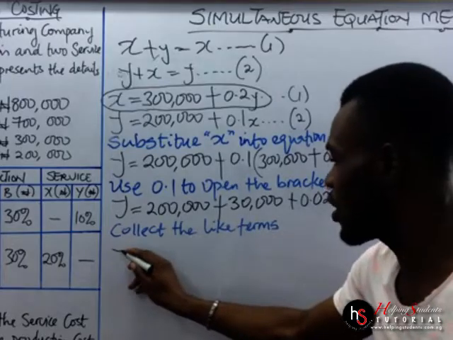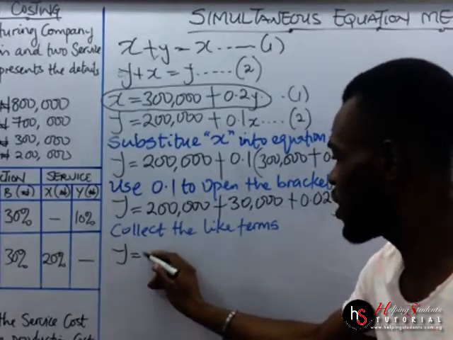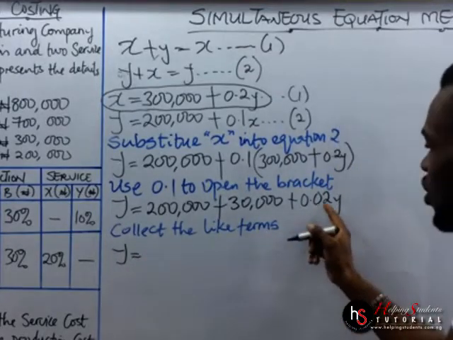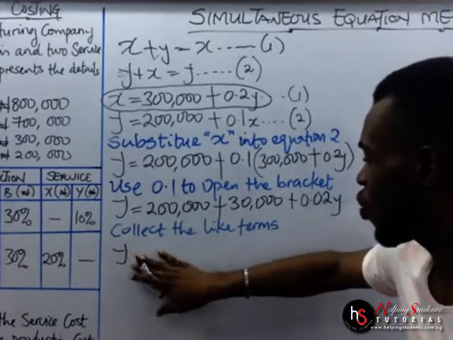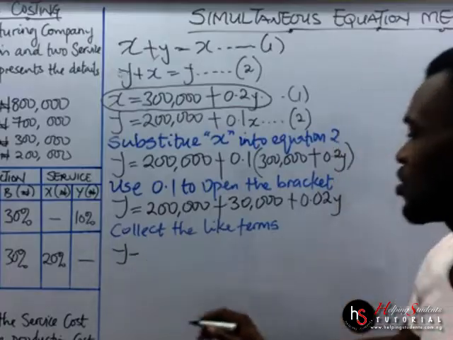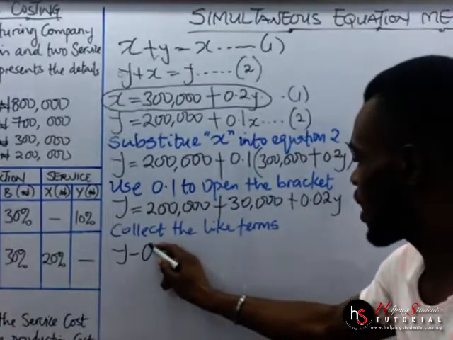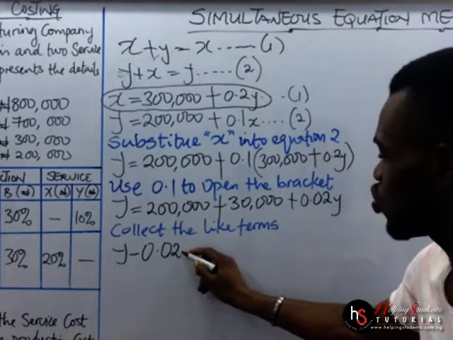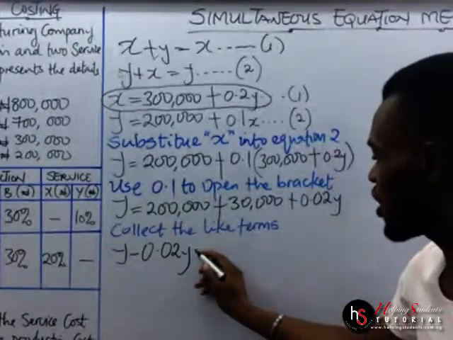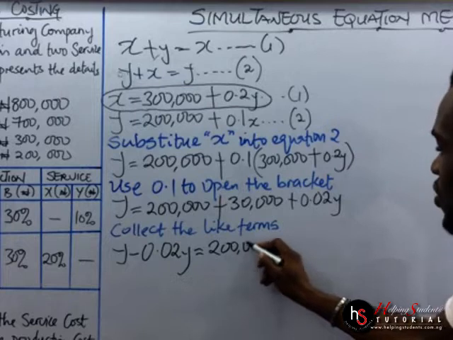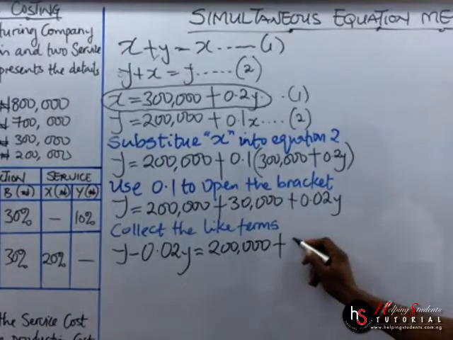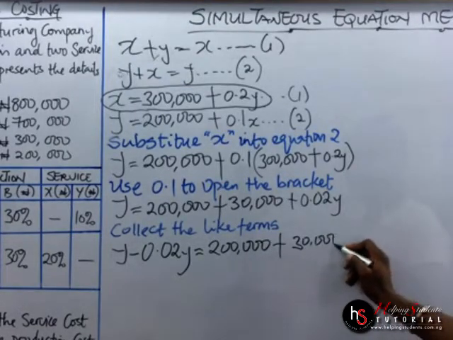So we have y is equal to, this value will cross over the equality sign. So we'll have y minus 0.02y, which is equal to, then these two values we have here, 200,000 plus 30,000.